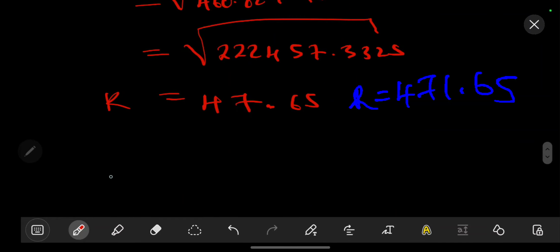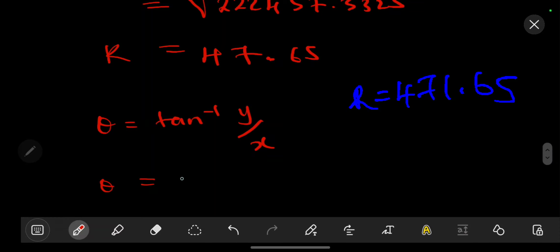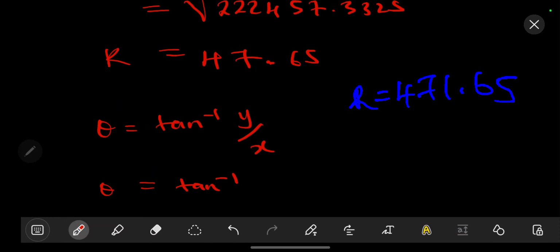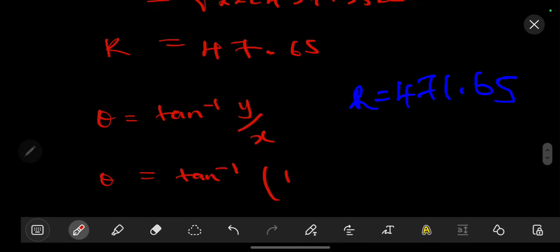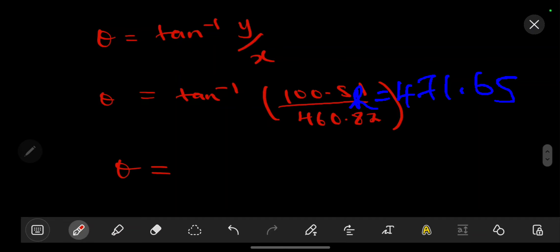So we are just remaining with the angle. We said that the angle theta is equal to tan inverse of the y component over the x component. So theta should be equal to the tan inverse of our y, which was 100.51, over our x component, which was 460.82. Dividing these numbers gives us 0.22.